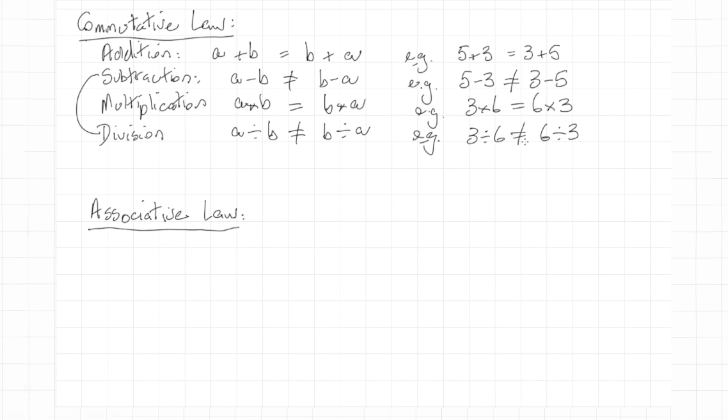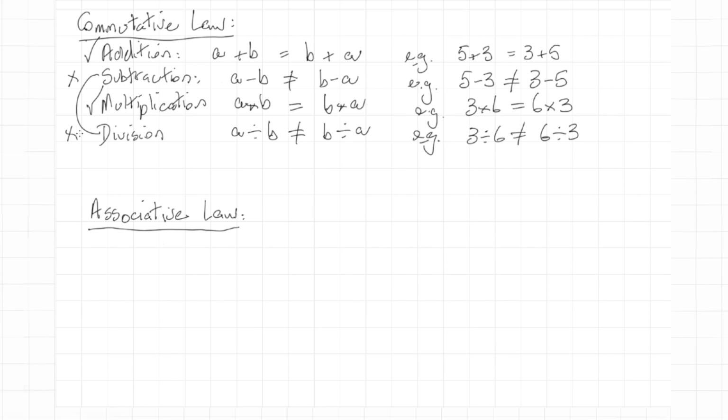Certainly they are not equal to each other. Okay, so that's the commutative law. It applies when we've got two numbers, and we've seen that it holds for addition and multiplication, but not subtraction and division.